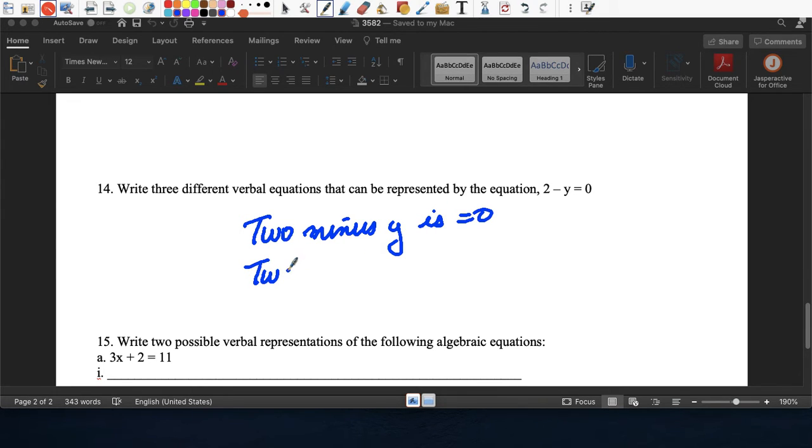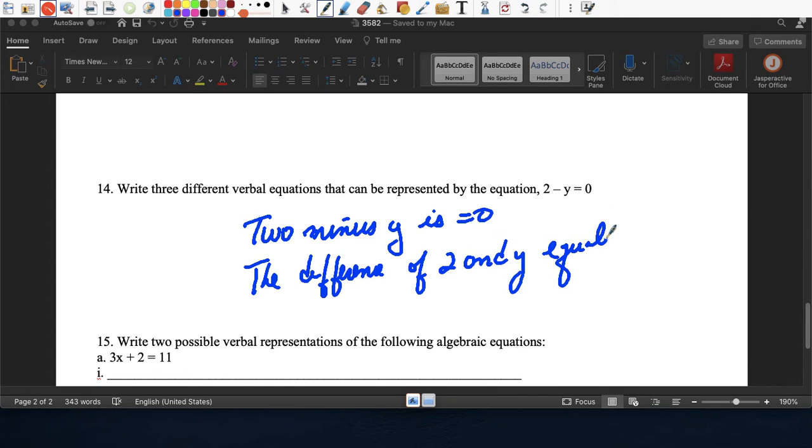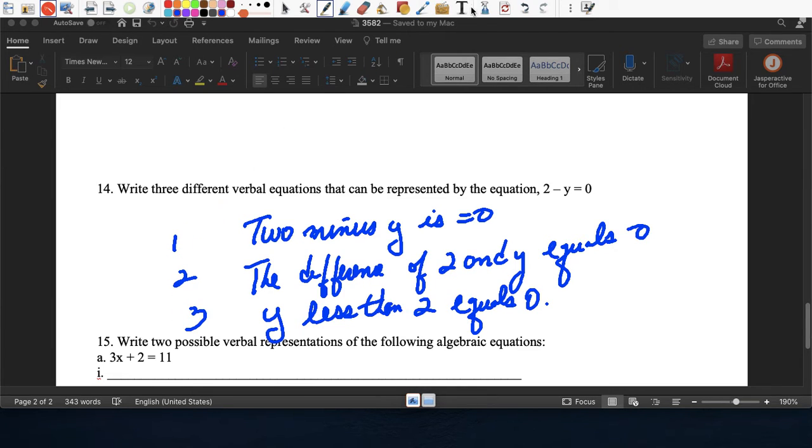Actually, the difference of 2 and y equals 0. Or we can say y less than 2 equals 0. So we have 1, 2, 3.